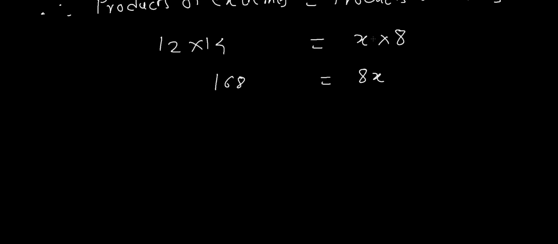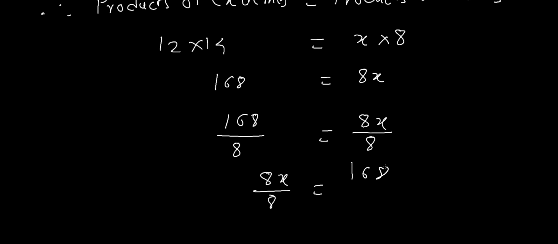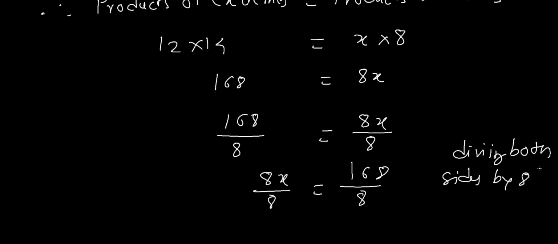We just omit this multiplication symbol. Now we can divide both sides by 8: 168 by 8 equals 8x by 8. I will write the x side on the left: 8x by 8 equals 168 by 8. Here we are dividing both sides by 8.